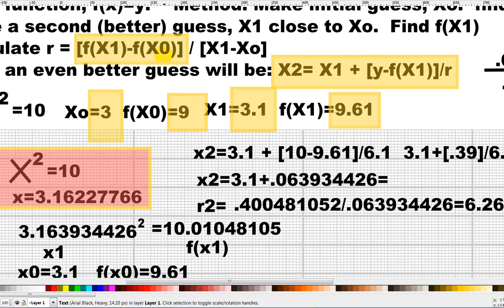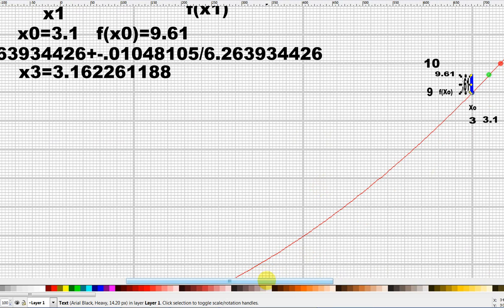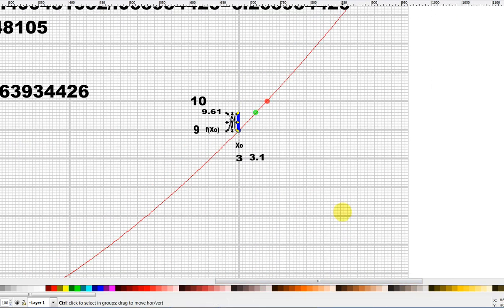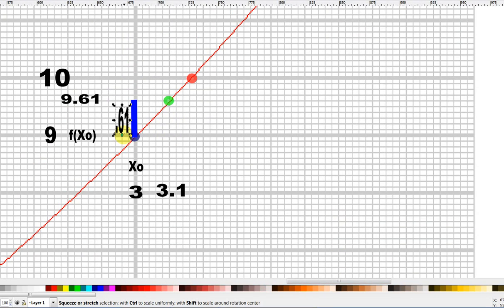9.61 minus 9. Divide that by the difference between our initial guesses, the 3.1 and the 3. Okay, let's zoom into our picture here again. What's the difference between 3.1 and 3? Let's draw a little line there, and I'll give this a different color.